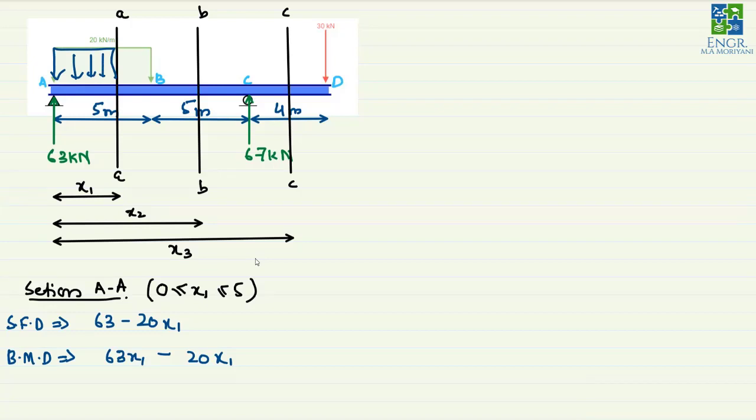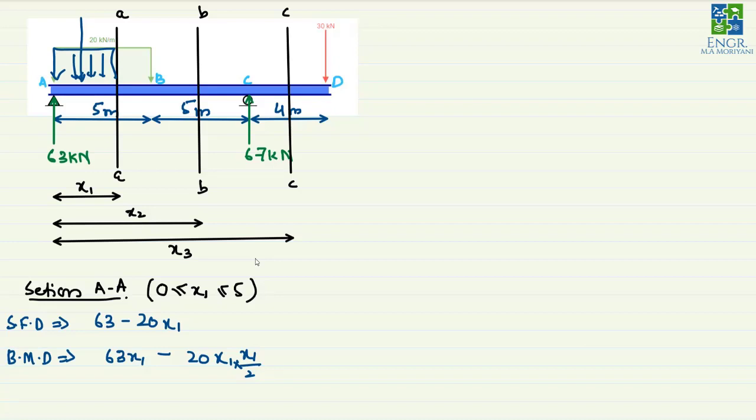Now this will act exactly at the center, which is half of x1. You can see this should act at a distance of half of x1 from the AA section. So we have to multiply this by x1 by 2, and obviously this will also generate an anti-clockwise moment about the AA section.